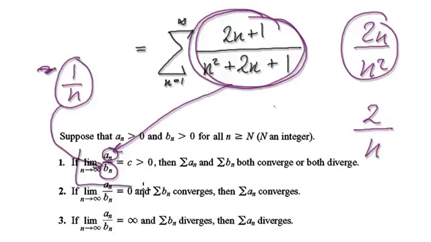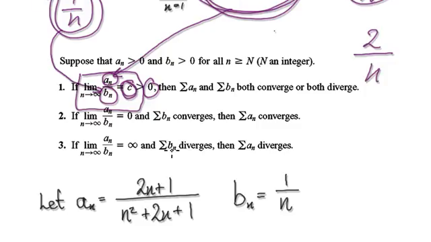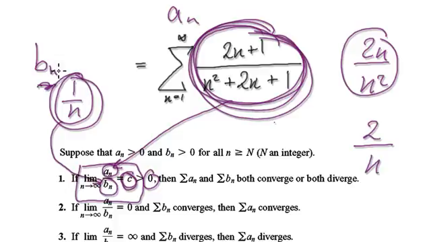So now let's check this. If we get this divided by this, will it come to a number bigger than 0? So let's try and check it. Let this thing here be an, and let this thing here be bn.